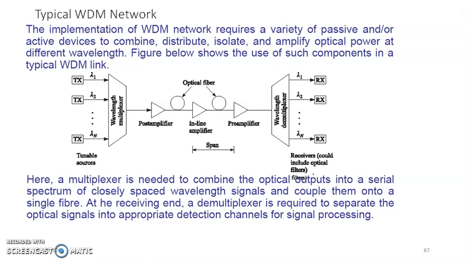At the other end we have a wavelength demultiplexer, and this is where we receive the signal. The use of the multiplexer is to combine the optical signals from the various sources into a serial spectrum of closely spaced wavelength signals and couple them onto a single fiber. The receiving end demultiplexer separates the optical signal into the appropriate wavelengths.